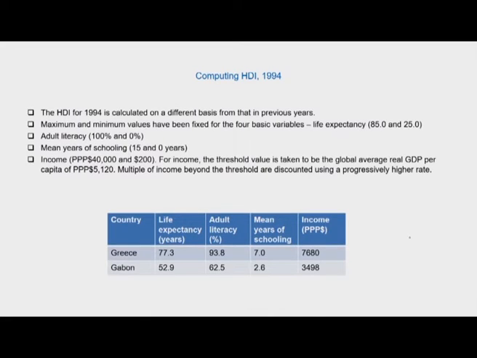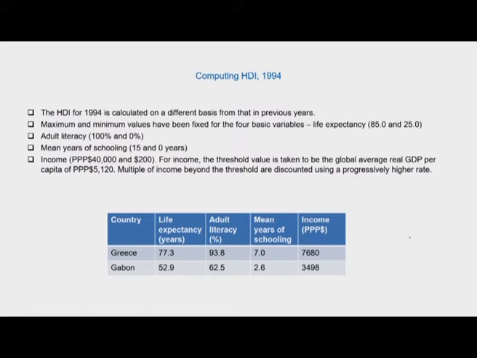Now in today's class, we will see how the HDI computation has evolved since 1990. As I have already mentioned, in 1990 there were three dimensions. In 1994 the HDI was calculated on a different basis from that in the previous years. In this calculation, minimum and maximum values were fixed for the four basic variables.